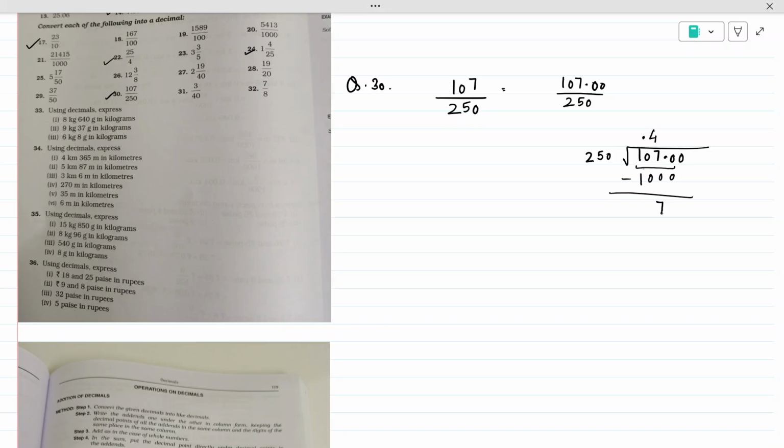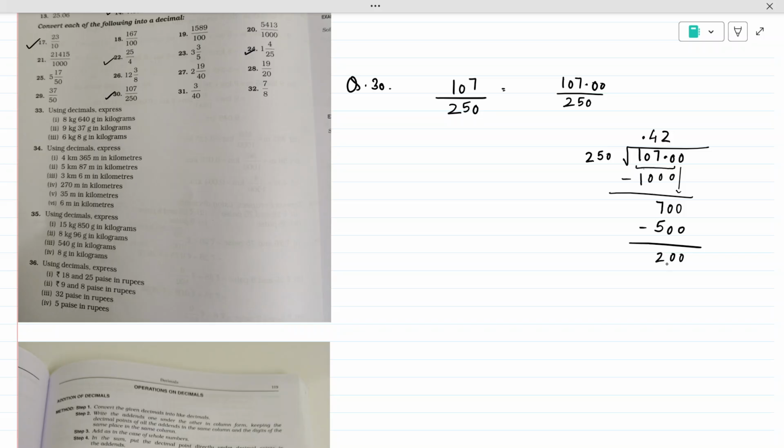So we have 7 here, we have 0 here, and again we are going to take down this 0. So 250 and 700. Now let us try to divide 700 by 250. We know that 250 into 2 will give us 500. Let's subtract this, and we have 0 0, 7 minus 5 is 2.